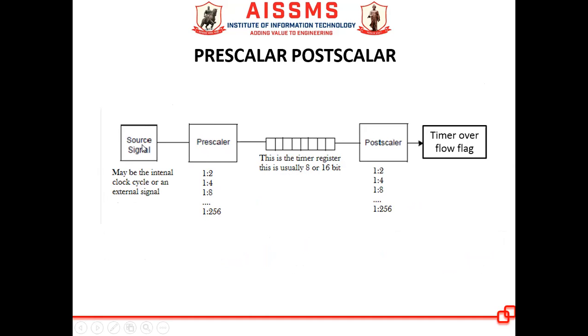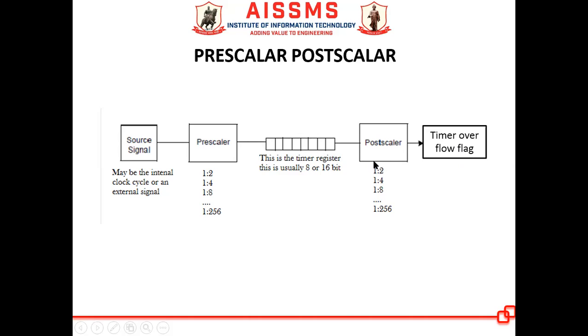So if the source signal is having a frequency equal to say 10 megahertz, and if you have a prescaler of 2, then this timer will work at a frequency 10 megahertz divided by 2, that is 5 megahertz.